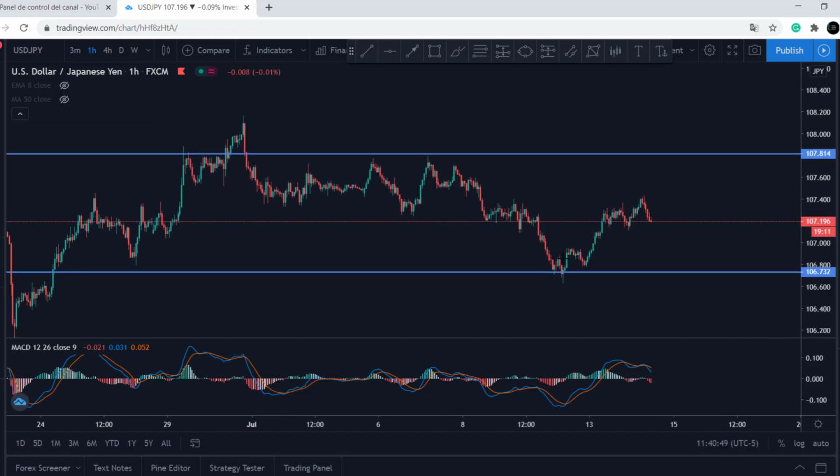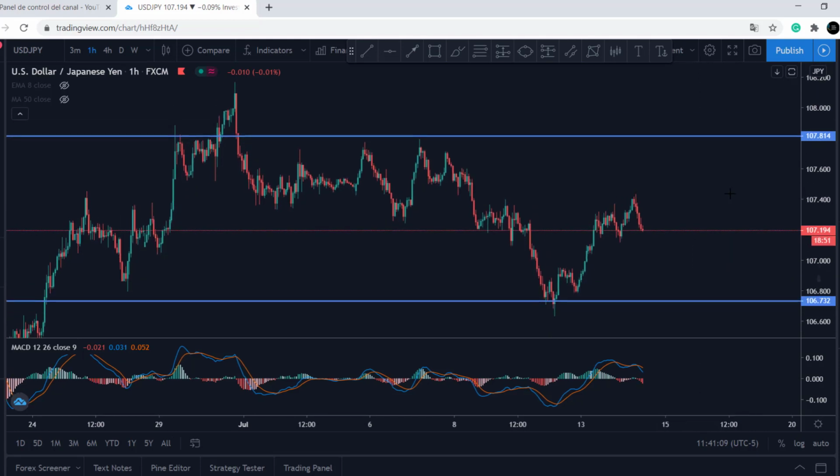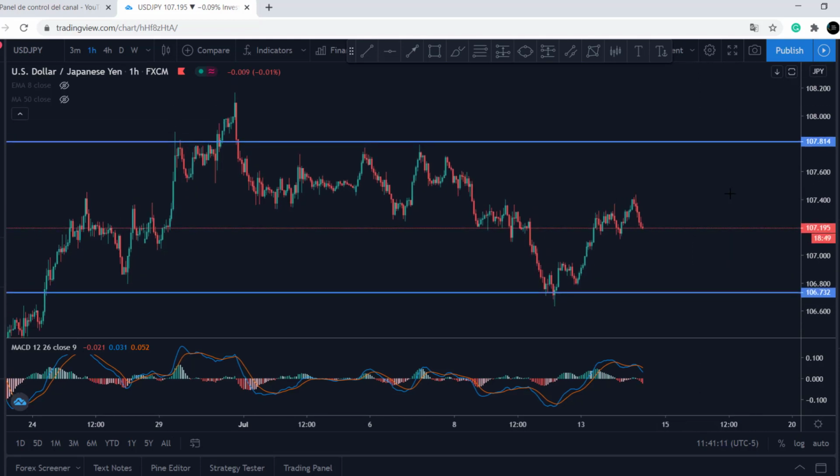We are in a rectangular consolidation, a rectangular pattern. In this zone, those are our support and resistance, alright? So we're going to find a good entry here. Let's find if there's any kind of trend line.